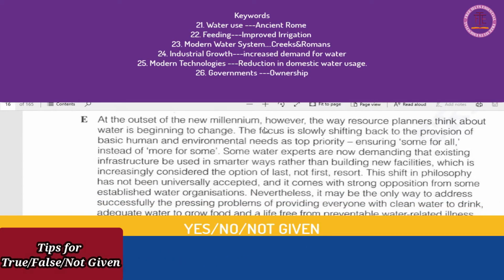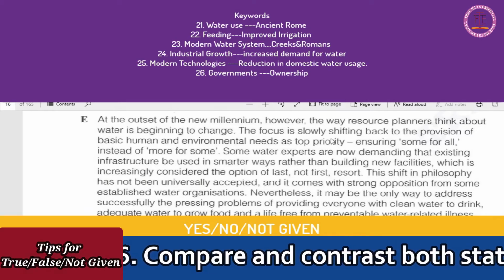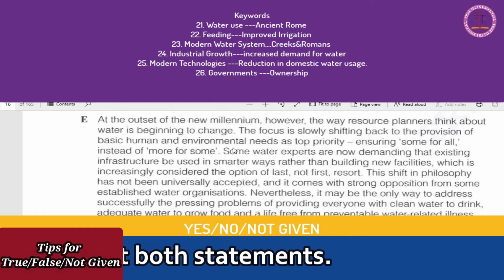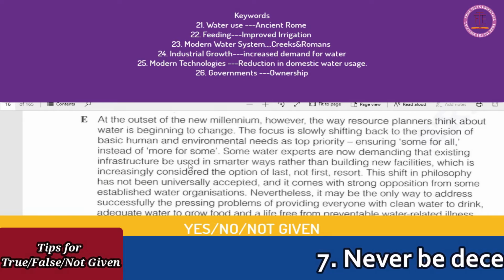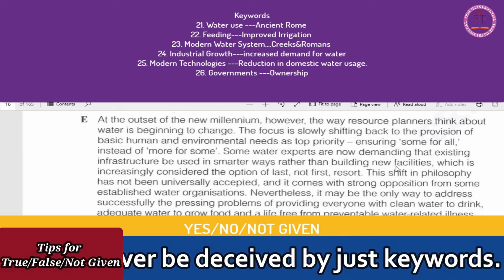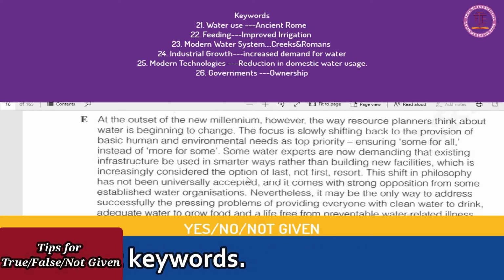At the outset of the new millennium, however, the way resource planners think about water is beginning to change. The focus is slowly shifting back to the provision of basic human and environmental needs as top priority, ensuring some for all instead of more for some. Some water experts are now demanding that existing infrastructure be used in smarter ways rather than building new facilities, which is increasingly considered an option of the last, not first, resort.